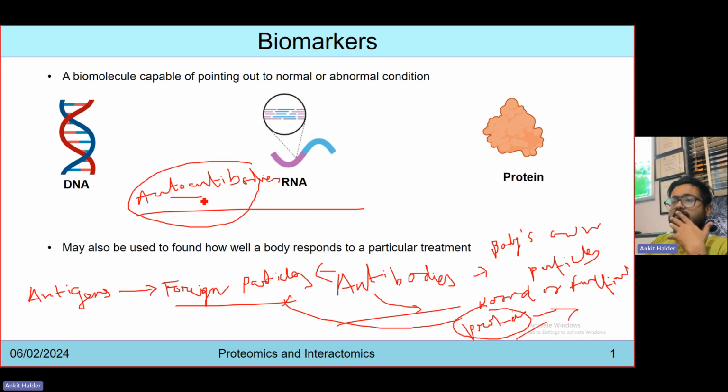This type of autoantibody should be in very small quantity in normal individuals.